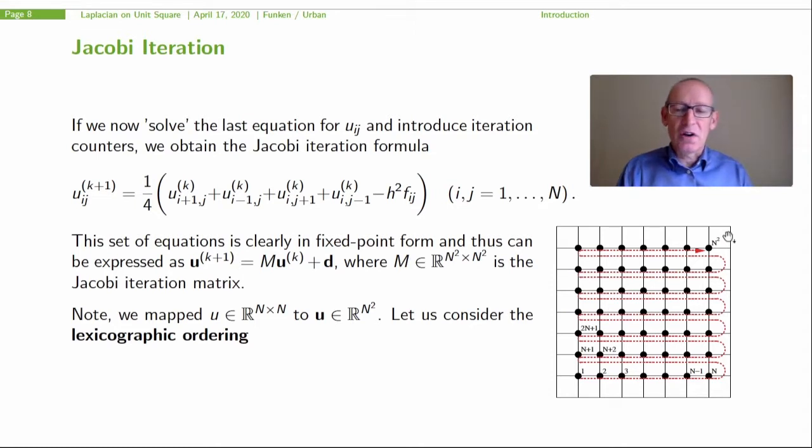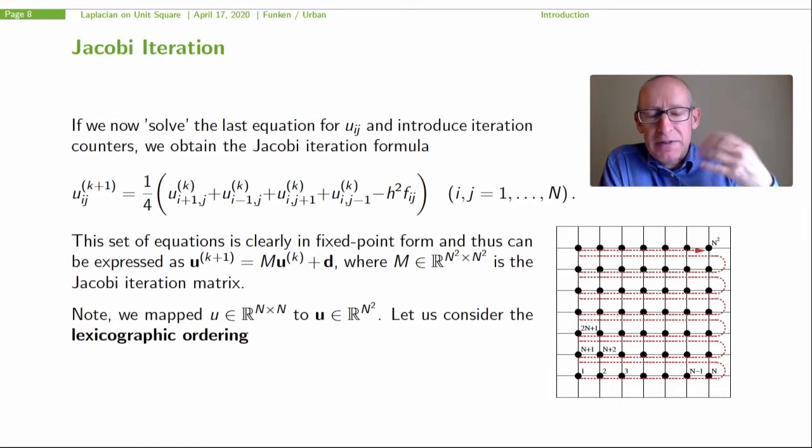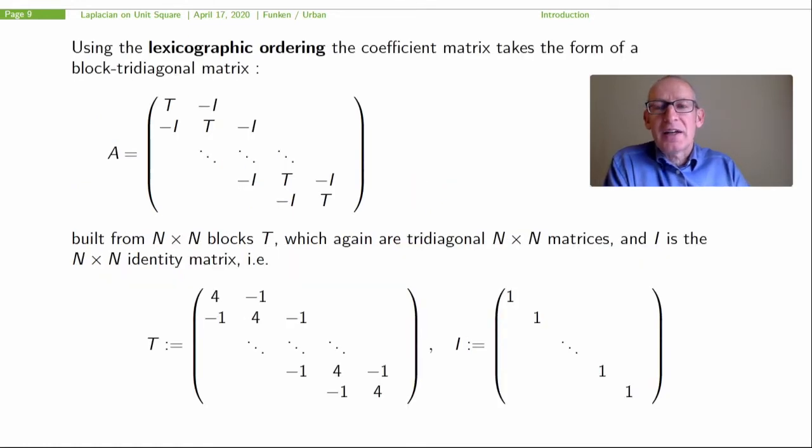If you use this ordering, the resulting matrix A, if you have some linear system in mind, Au equals b, would look like this block tri-diagonal system. This matrix itself is n squared times n squared, where each of these block matrices T and the identity matrix have the dimension n.